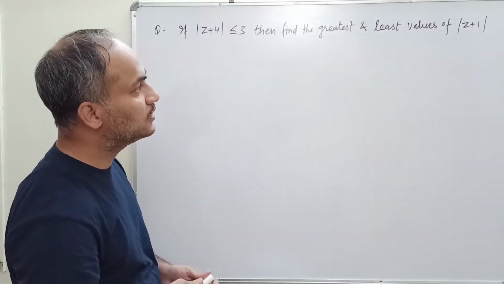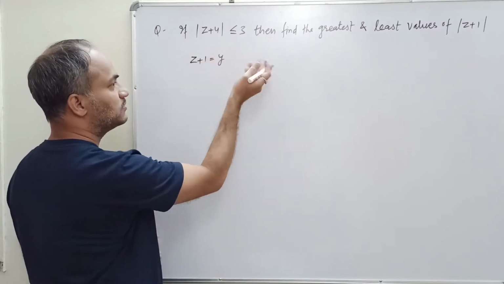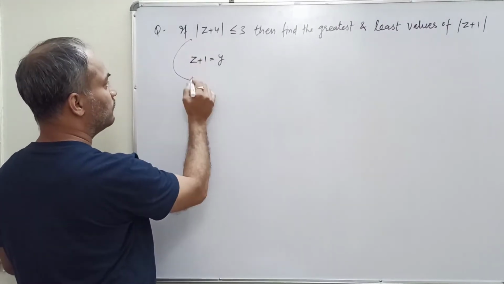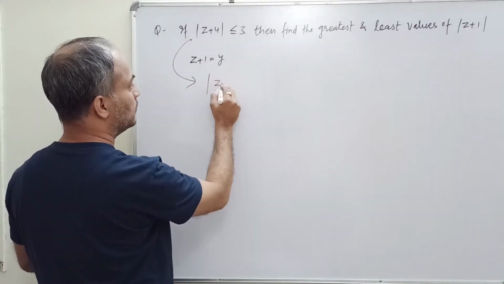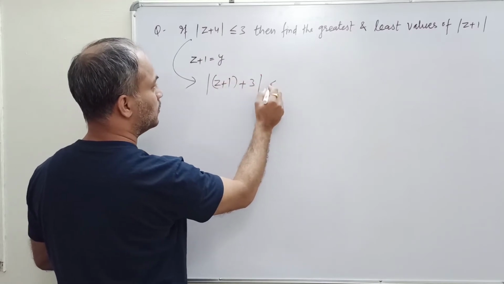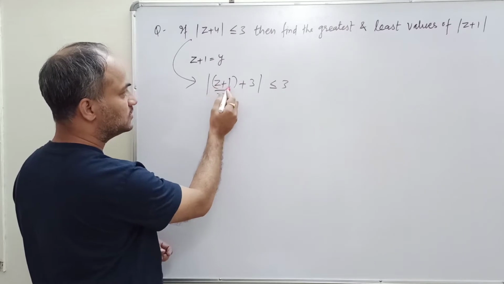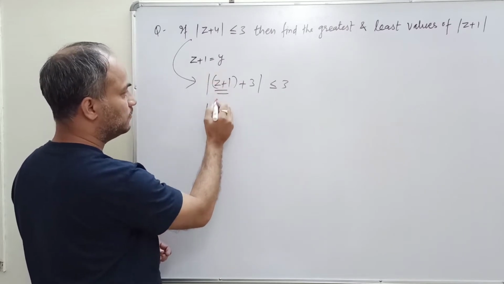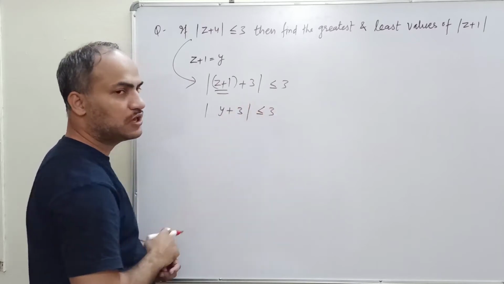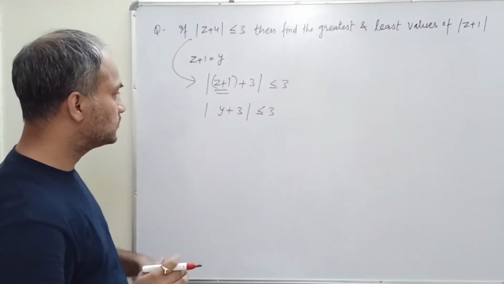So if we assume that z plus 1 is equal to some other variable, let us say y, then from the given equation we see z plus 4 can be written as this plus 3. Now if we have assumed z plus 1 as y, so this will be modulus of y plus 3 lesser or equal to 3.